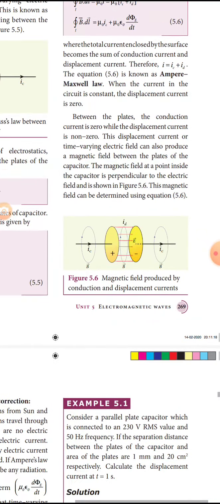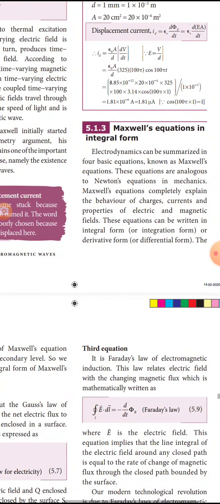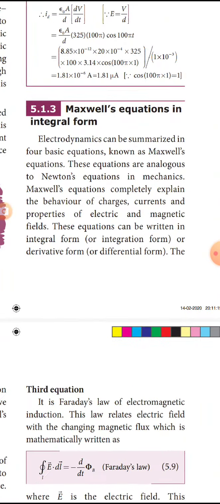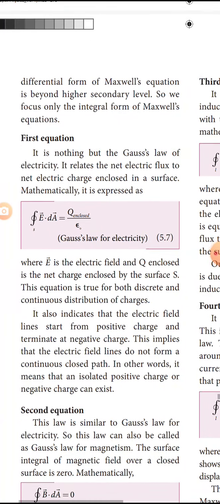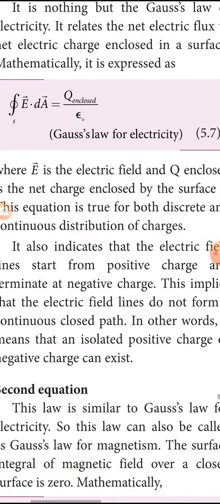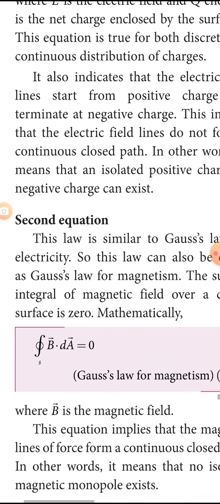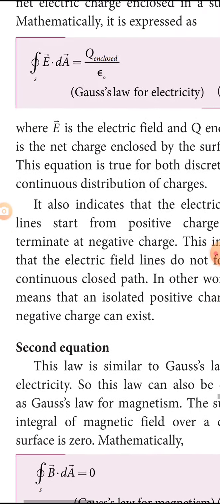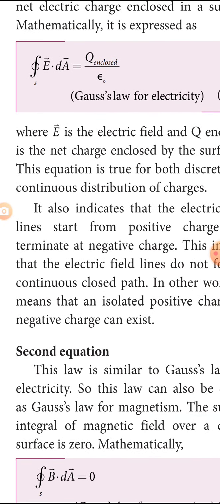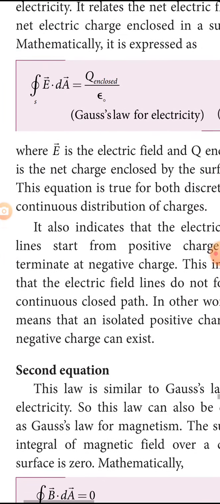And there are some equations, Maxwell's equations in integral form. So there are 4 equations in integral form, and so this is the first equation, that is Gauss law in electricity, and the second equation is Gauss law for magnetism. So this is for electricity and this is for magnetism, and in the first equation E vector, the second equation B vector.